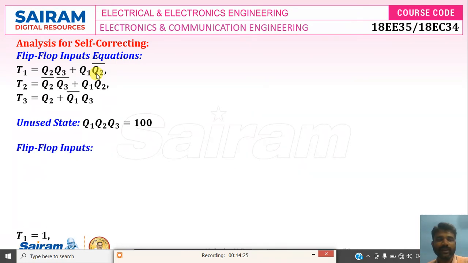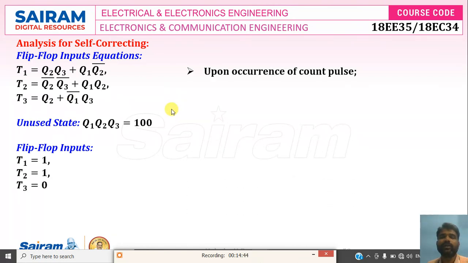So T1 is 1 and T2 is 1 because Q2 Q3 is 0, 0. And T3 is 0, since the first expression gives 0 and the third expression again gives 0. So once the count pulse occurs, T1 toggles.